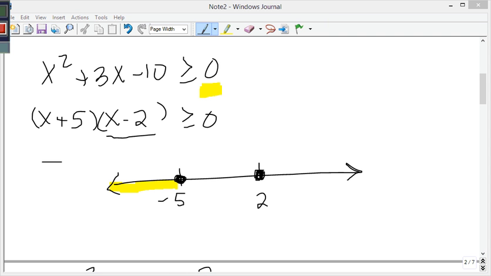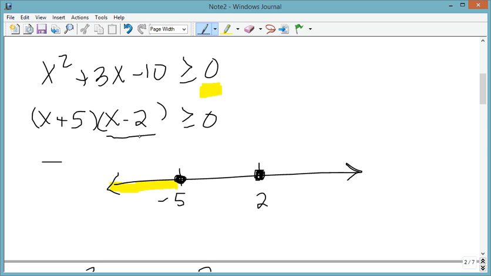And if I put -6 into the second one here, that would be -8, so that's a negative number. So I have a negative times a negative gives me a positive. So this little interval here, everything in there is positive. It goes all the way up to right here. Now let's look at the next interval.